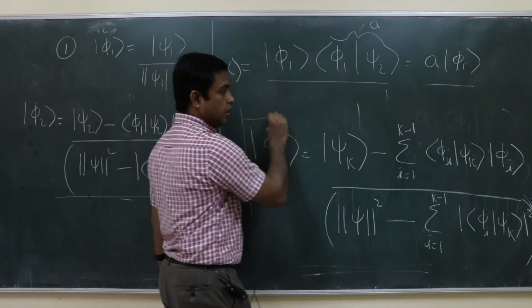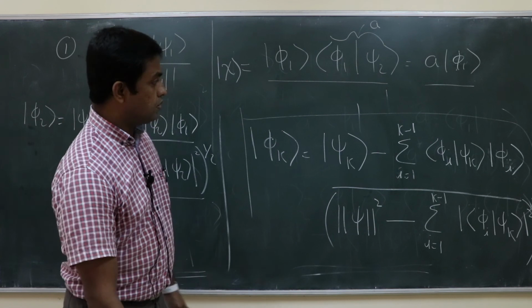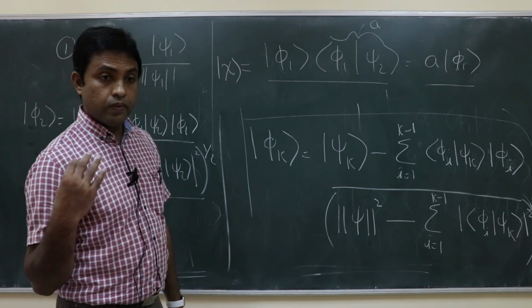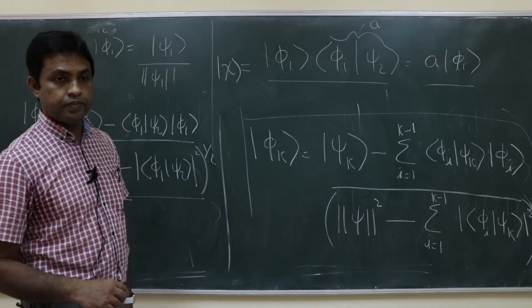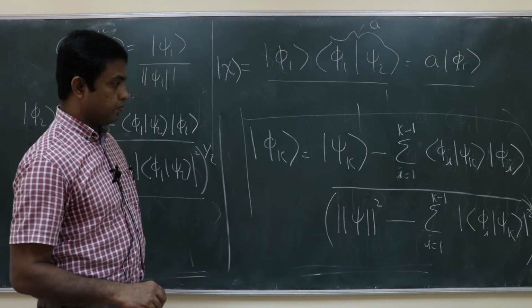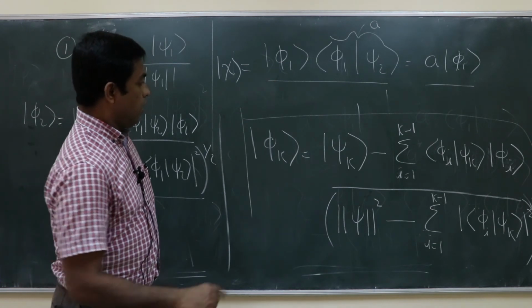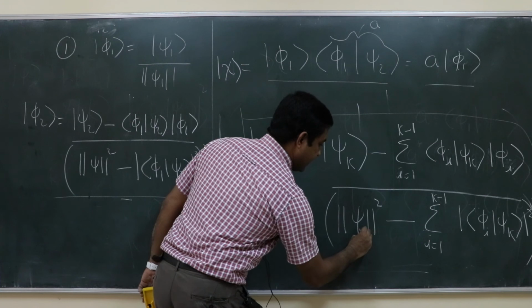So if I give you a set of k vectors... Sir, this normalization factor, is it the mod of the first term in the normalization? The first term is psi k square.